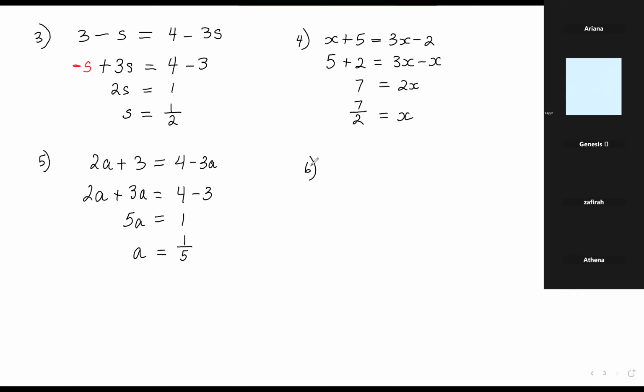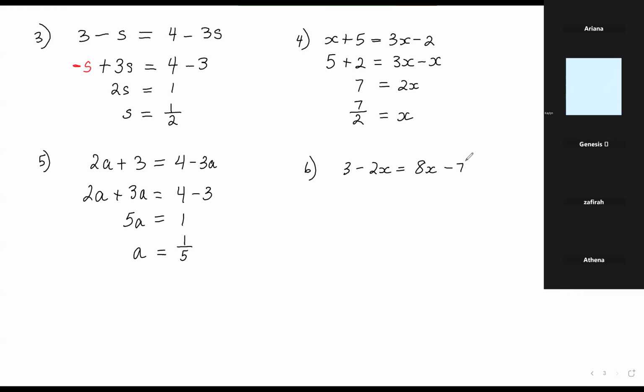Athena, do one with me, please, honey. Okay. All right. So we're doing 3 take away 2x is equal to 8x take away 7. So let's move the x's to the right-hand side, Athena, since 8 is bigger than 2, right?